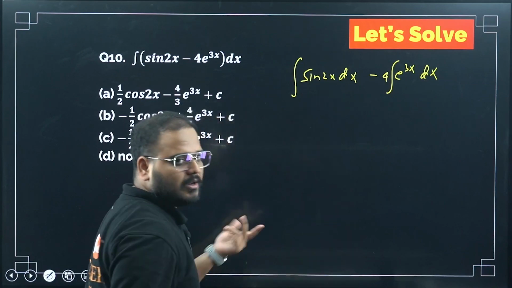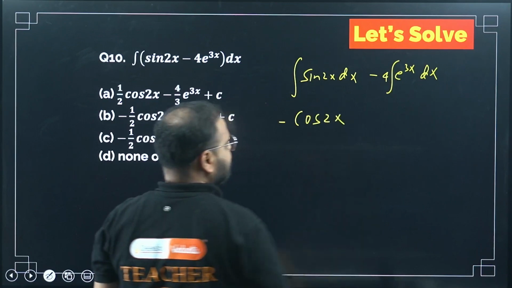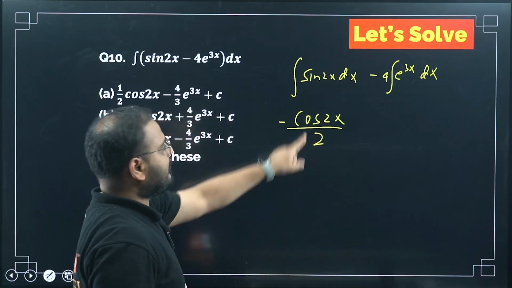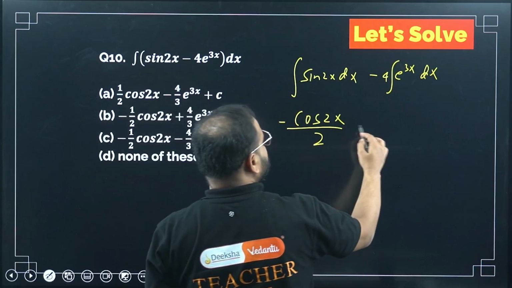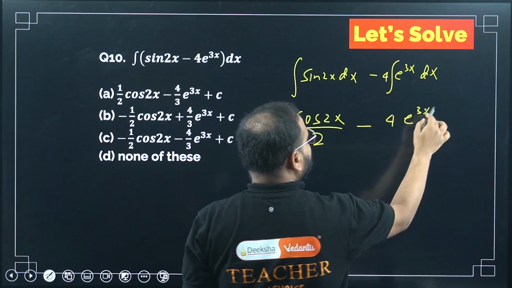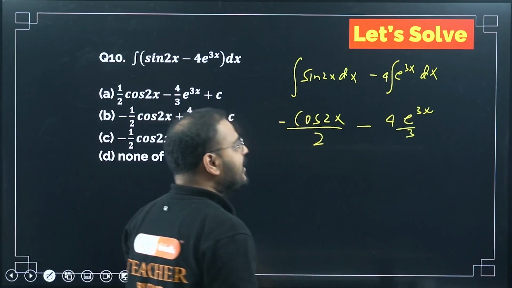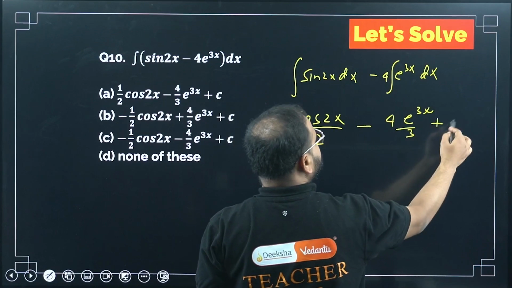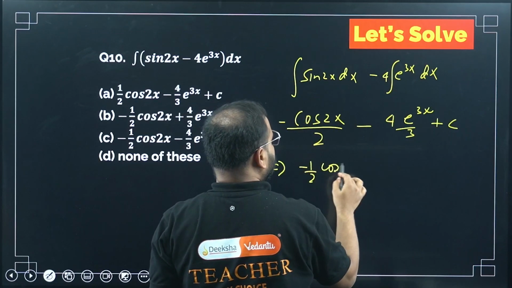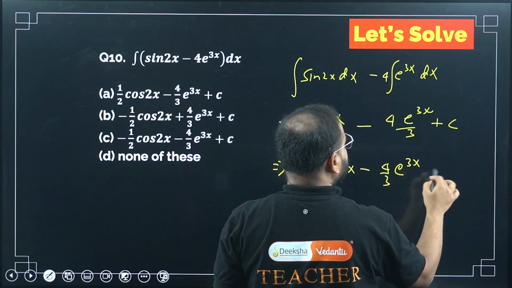Sin 2x will become minus cos 2x, and I'll divide by 2. Why, sir? Because there's a 2 here, so I have to divide by that constant 2. Now this will be minus 4 upon e power 3x, integration is e power 3x only, but divide by 3. Plus c. Please check answer: minus 1 by 2 cos 2x minus 4 by 3 e power 3x plus c.